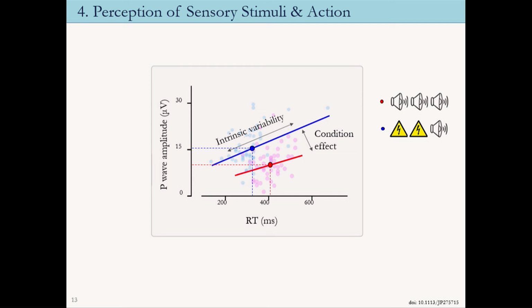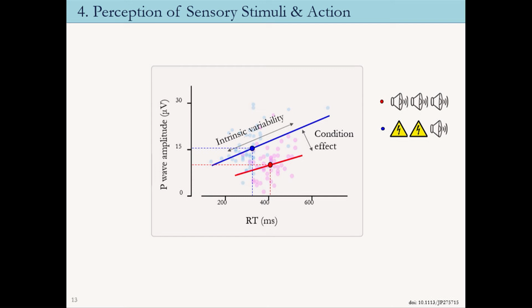And with the pale dots, we have plotted each individual trial. We have plotted the reaction time of each individual trial and the corresponding amplitude of the EEG response we have recorded for this trial. And on top of that, we have superimposed the averages for these participants. And we did that for all our participants.